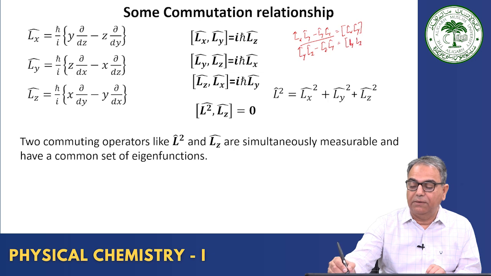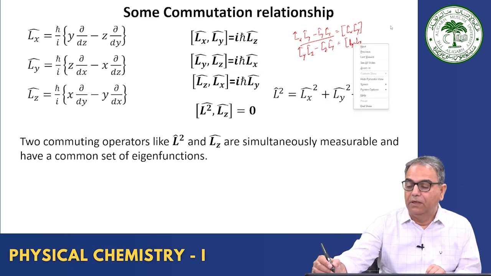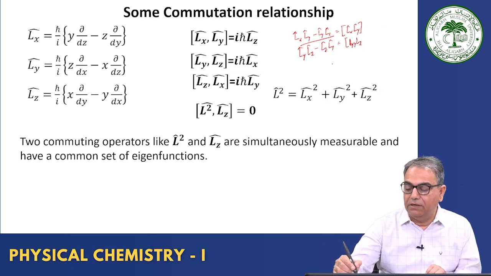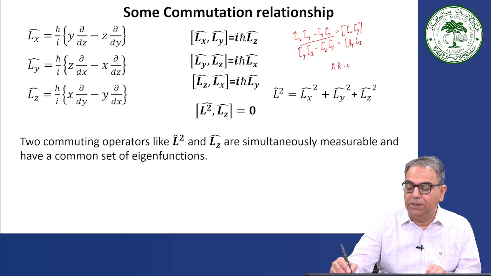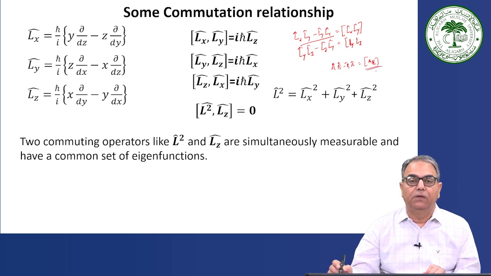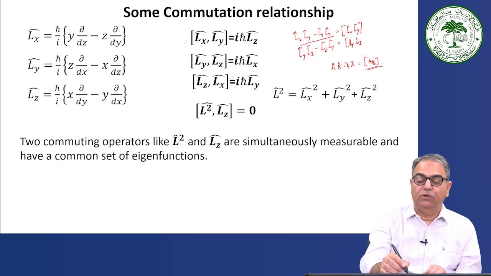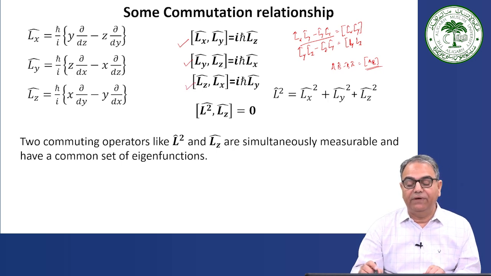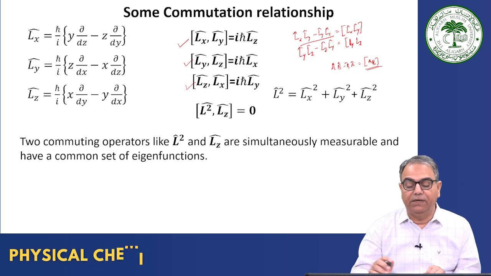Capital L is all capital L. Because if you remember, I talked about how A operator B operator minus B operator A operator is actually the commutator of A and B, and the commutator is shown within the bracket. So if you use this, the Lx Ly commutator, Ly Lz commutator, Lz Lx commutator all have values equal to i h cross times Lz, Lx, Ly respectively.